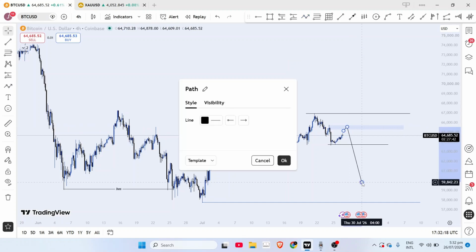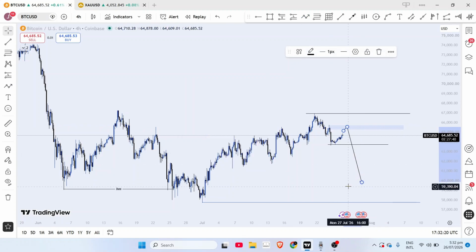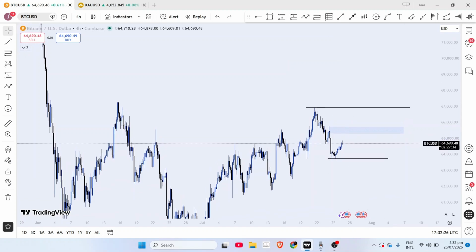Obviously, confirmation on the lower time frame. As you can see, price is retracing right here. So maybe on a lower time frame, if price gives any bullish structure, you can take an entry from there.